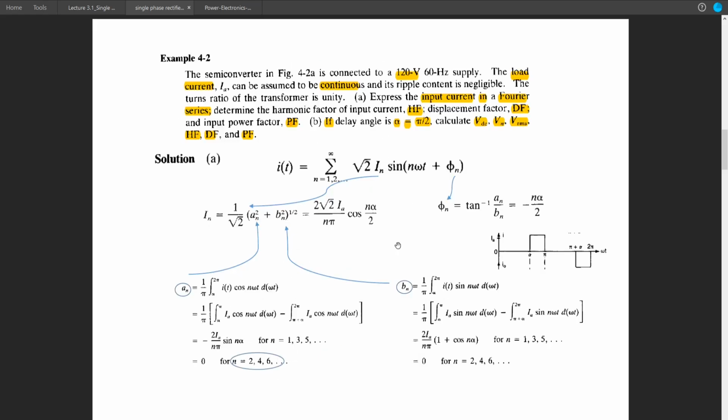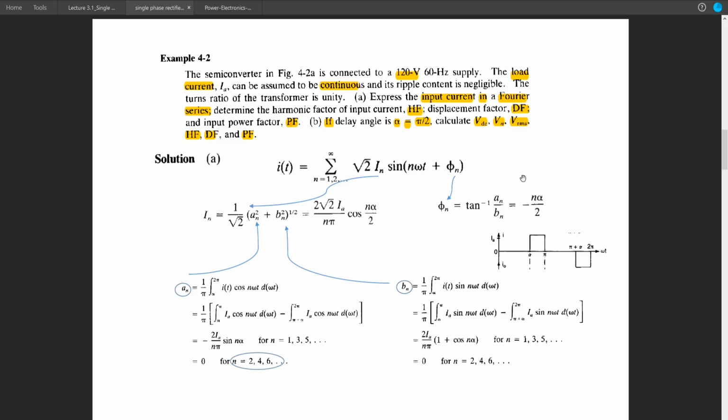So once we have In and phi n, we can get the value of this expression. Again, we have to remember the formula. These are basic formulas for a Fourier series. So we have to remember these first two terms. So once we put all the values in our first expression, we are done with this Fourier series expression.